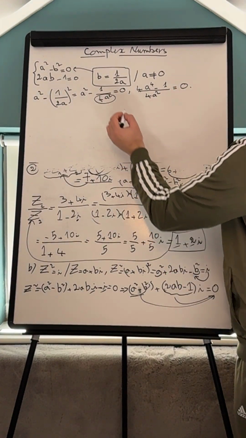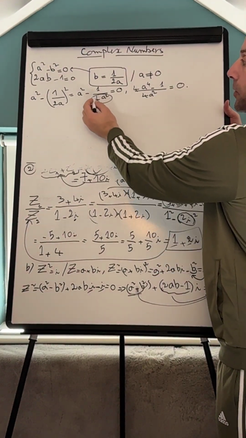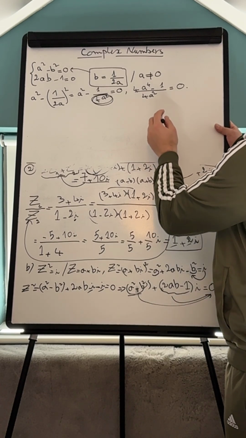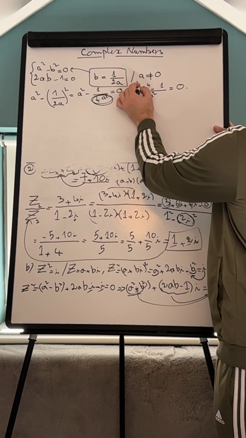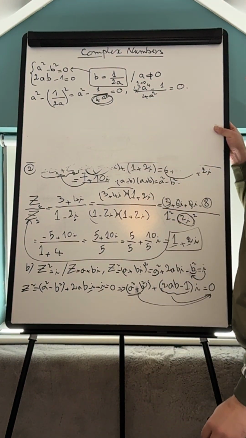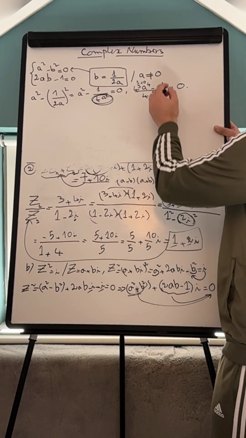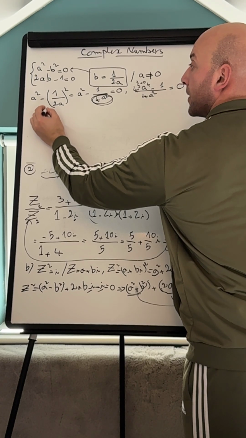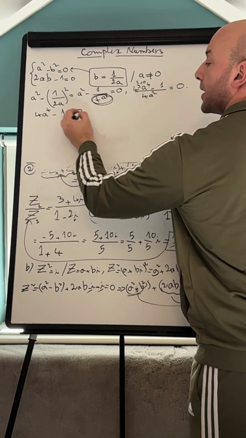Basically, I made the same denominator here, which is 4a squared. And from here, if we have x divided by y equals 0, then x equals 0 or y equals 0. Basically from here we said y doesn't equal 0, so we've got 4a to the power 4 minus 1 equals 0.